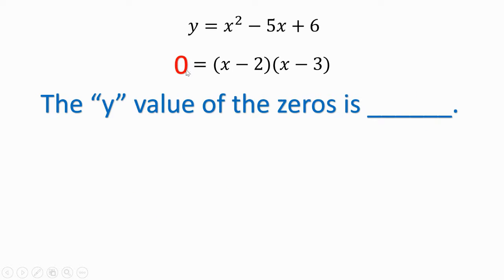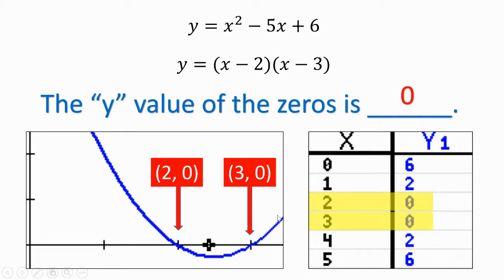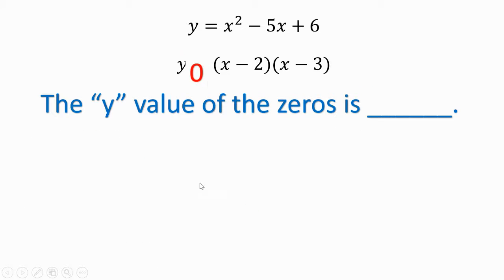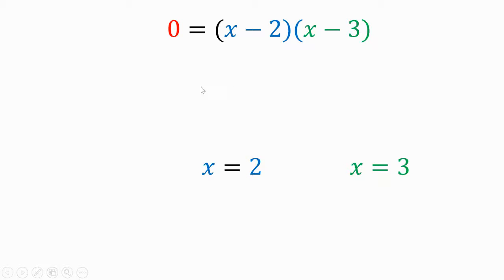This is what happens. If I make my y value equal 0, you remember that anywhere on the x-axis, the y is 0. This point is the point (2, 0). This point is the point (3, 0). So we know that the y value has to be 0. We can make y equal 0 in this and then solve both sides.